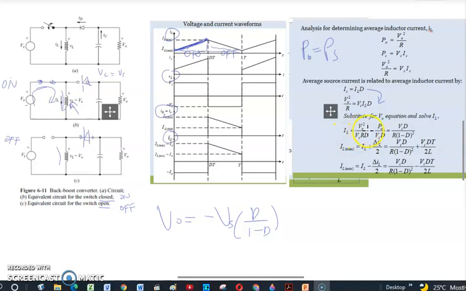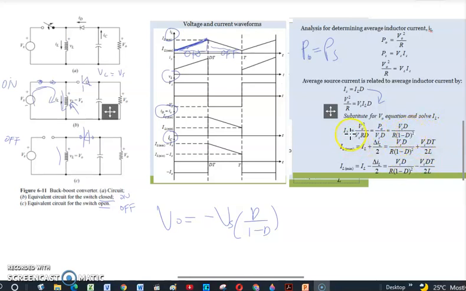Average inductor current: IL equals V out squared over R divided by Vs times D. So it is equal to P out divided by V source times D. We also know before that V out is equal to negative Vs times D over 1 minus D. So Vs rearranged becomes V out times 1 minus D divided by D. We put the V source in here and solve for IL, which is Vs times D divided by R times 1 minus D squared.